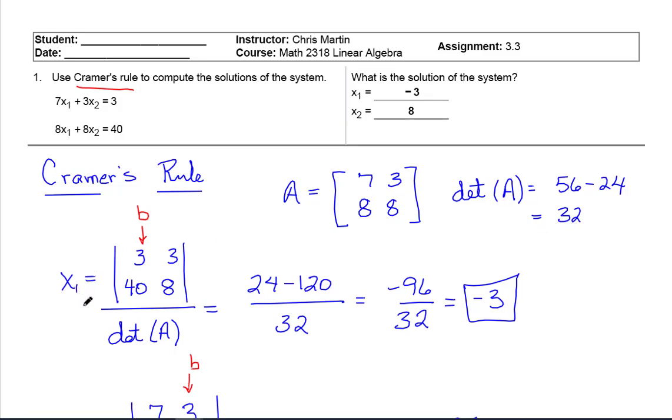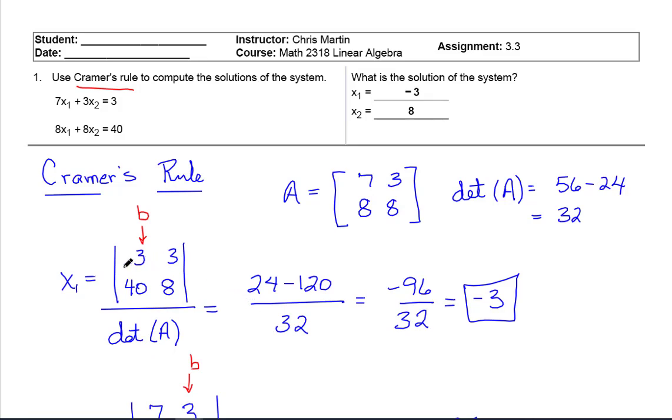Cramer's rule says that the first solution, x1, is the determinant of what we get when we take the right-hand side, the B, and put it in the first column. The second column is the original second column of matrix A. And then we divide that by the determinant of A that we just calculated.